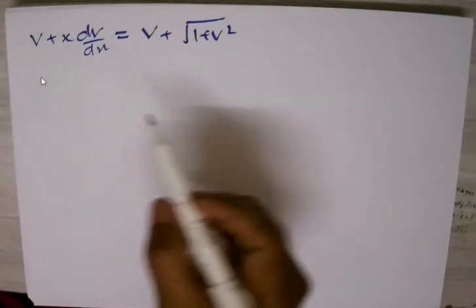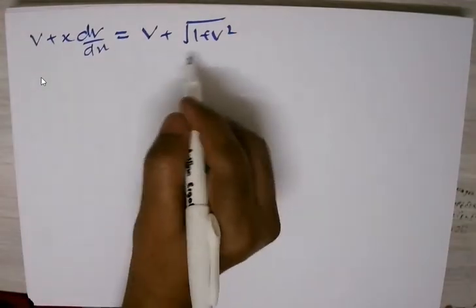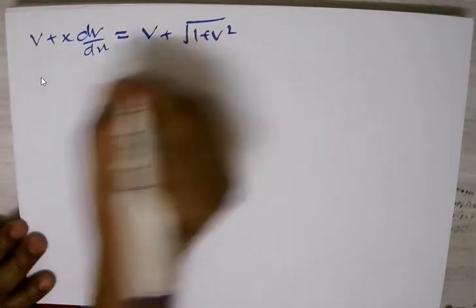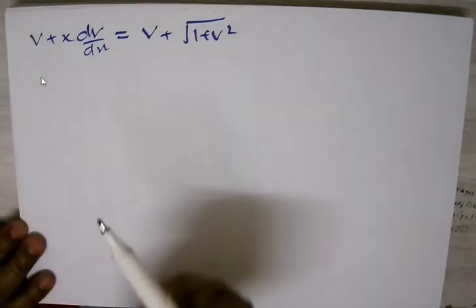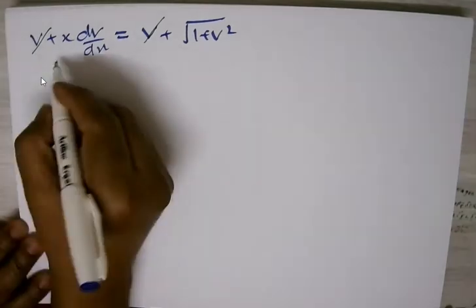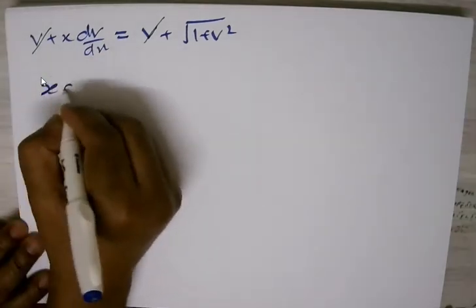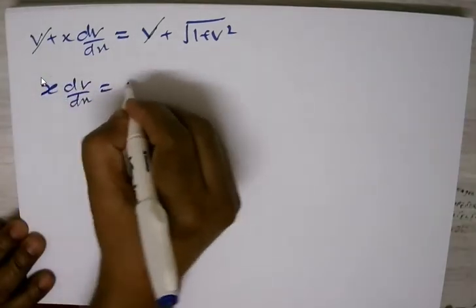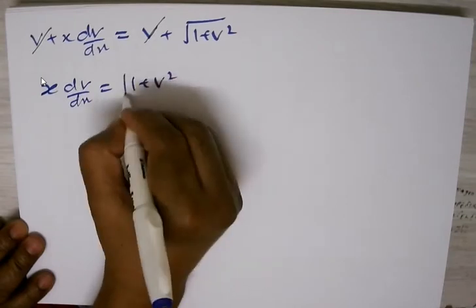After simplification of this, we get it like that. Now we can cancel v and v. After cancellation, what is the remaining part? The remaining part is x dv/dx equal to square root of 1 plus v square.